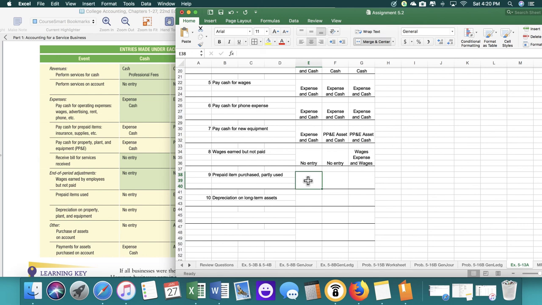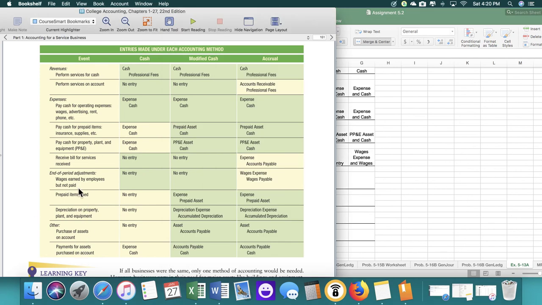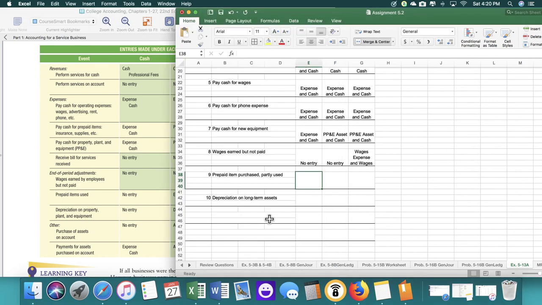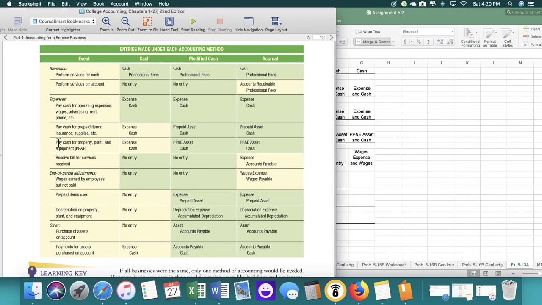Okay, prepaid item purchased but partially used. So this is when it's going to get a little trickier. So prepaid item purchased. So here we purchased it, but it doesn't show how much we have used.